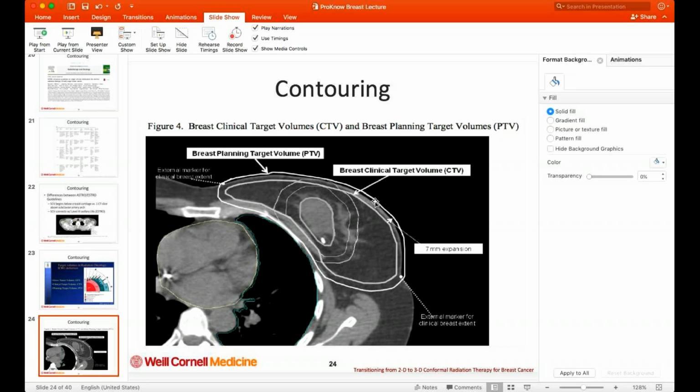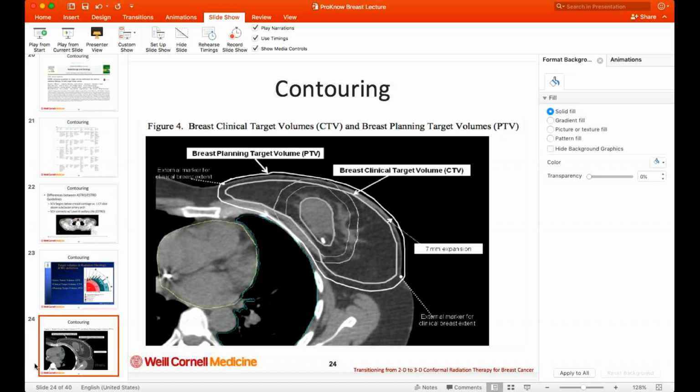So frequently people will just define the anterior border of the breast as 5 millimeters from the skin so that you can more accurately assess the dose that you're giving. So once you've drawn out your breast CTV, you expand it by 7 millimeters to create your breast PTV, so CTV, PTV.